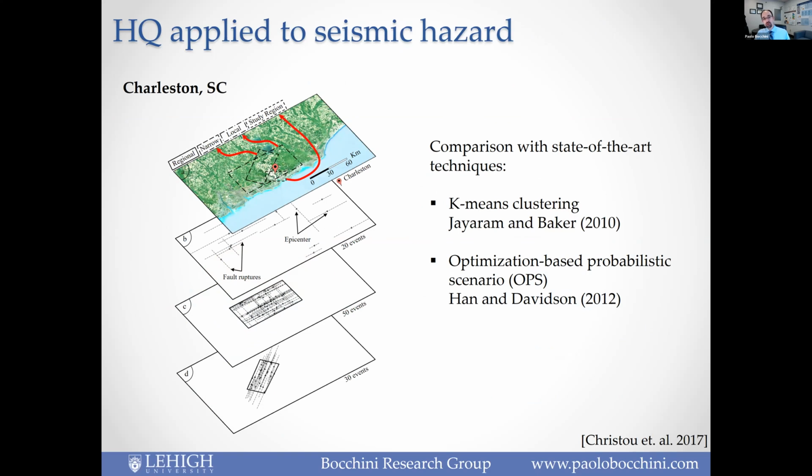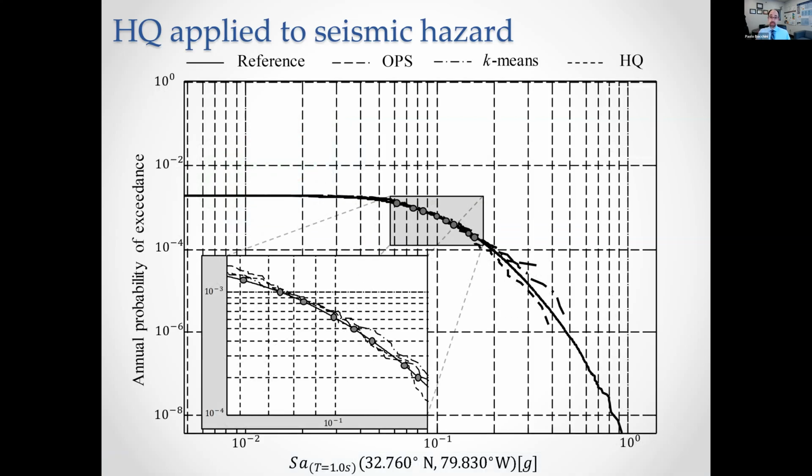We tried to do this also for a more realistic case where we include all the possible features of the earthquake. And we compare this to what I consider to be the two state-of-the-art techniques to address this problem, k-means clustering and optimization-based probabilistic scenarios. The outcome is that in terms of the hazard curve, all three methodologies do pretty well. You see that all three curves here are very, very close.